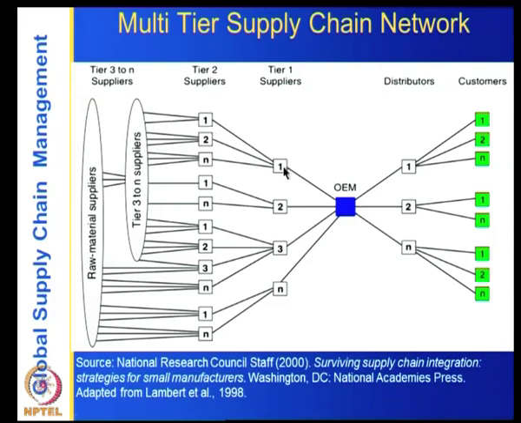That is why it is important to map the multi-tier supply chain, where all your players are. Supposing a supplier in one of the countries, his bank fails, so he cannot supply the products because he does not have funds. Then the supply chain also gets affected.